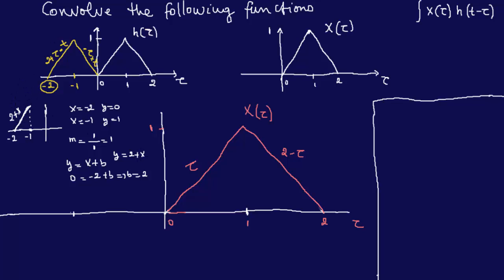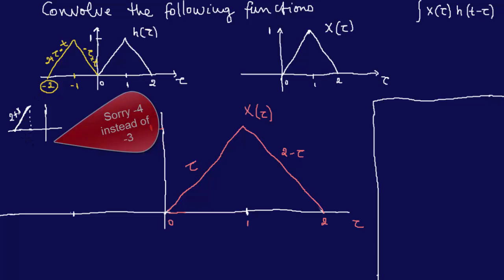Now, what I really wanted to show you is if you shift this by t, let's say t is definitely going to be a negative number. So if you shift it by -3, for instance, let's erase this. This will become -3, and this will become -5.